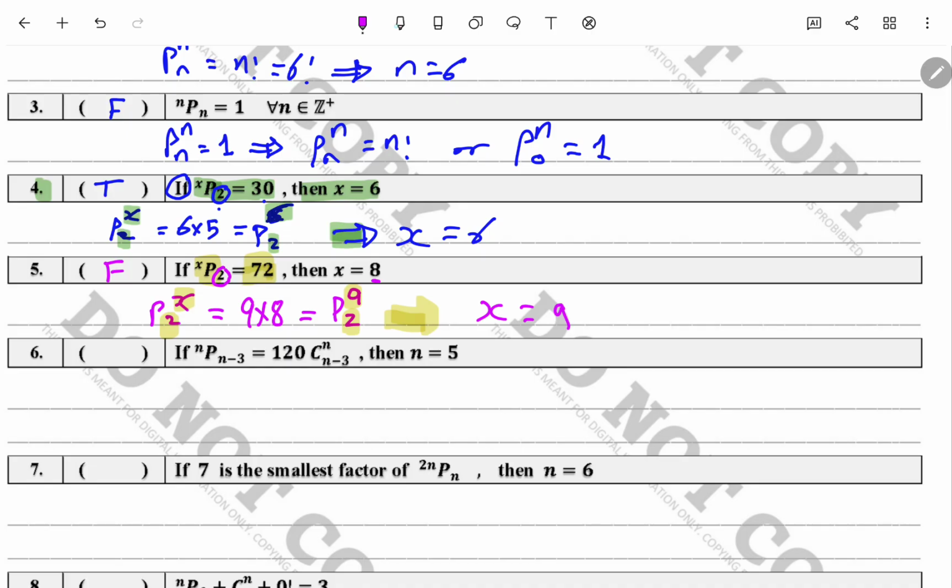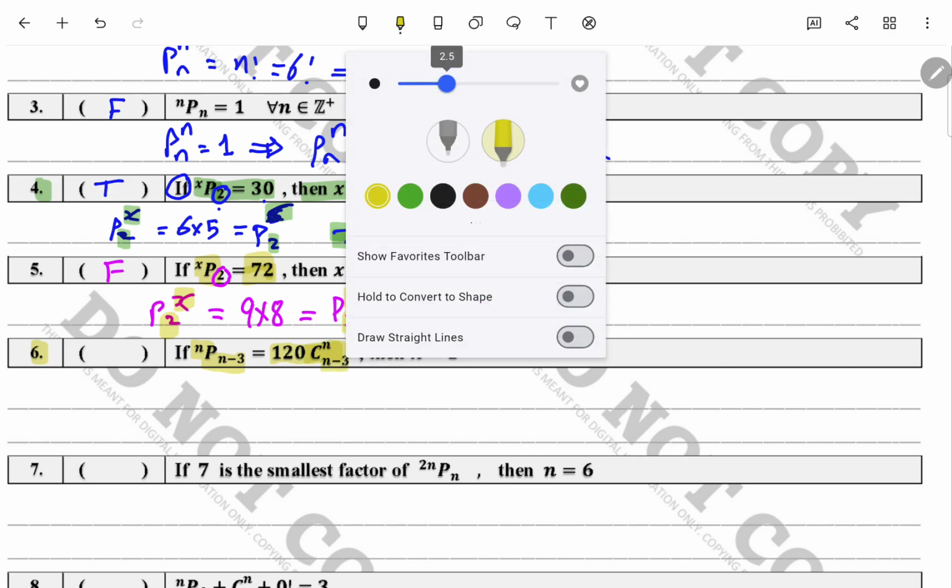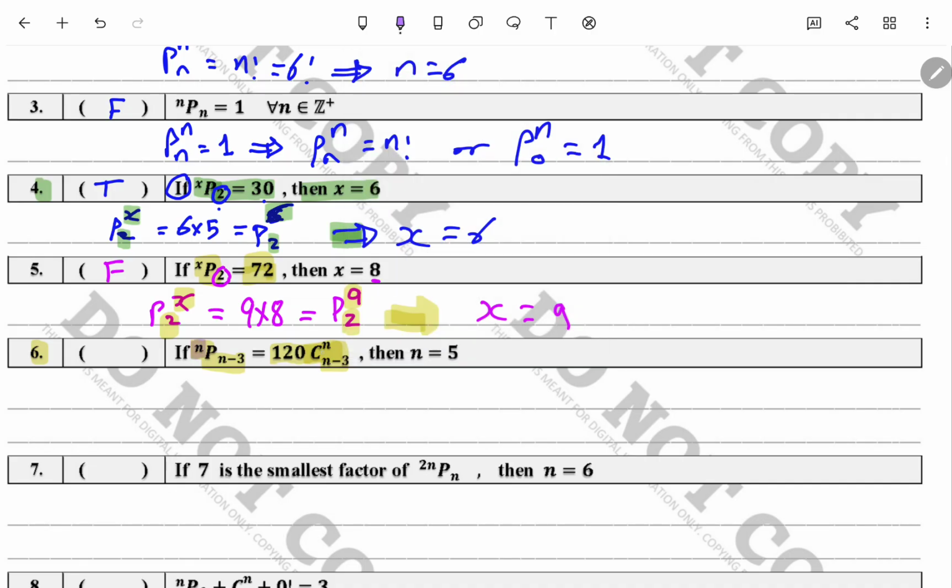In question 6, we can see that n permutation (n minus 3) equals 120 multiplied by n combination (n minus 3). They have the same n and the same r, so that will allow us to use the triangle, which is exactly like this: n permutation r equals n combination r multiplied by r factorial.